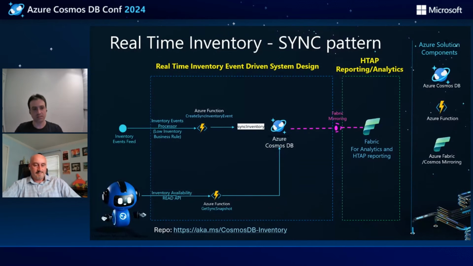So as we saw, the async pattern allows us to scale writes and reads independently. But what if your business doesn't allow any kind of overbooking and needs to guarantee 100% availability to sell quantity, even during large order events or reservation spikes?